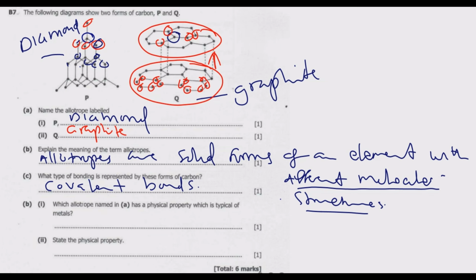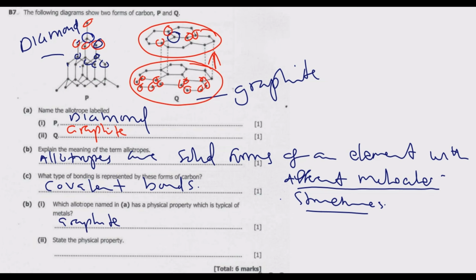We look at D, Roman numeral 1, which allotrope named in A has a physical property which is typical of metals. Metals conduct electricity. So the one that has the typical property of metals is graphite, which is able to conduct electricity.